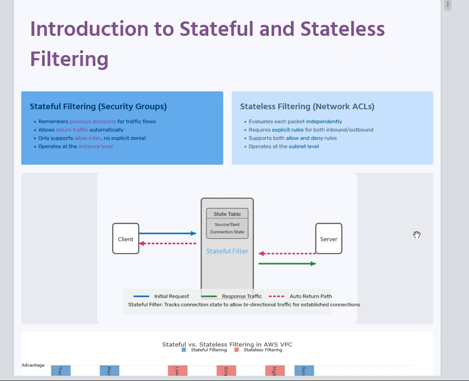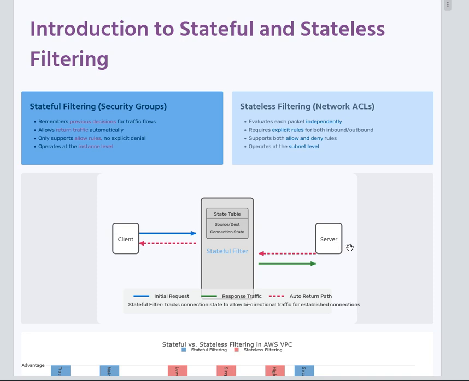Stateful filtering is used only for allowing traffic, and stateless filtering checks each packet independently. So if we allow something to go out, you need to let it come back with another rule.